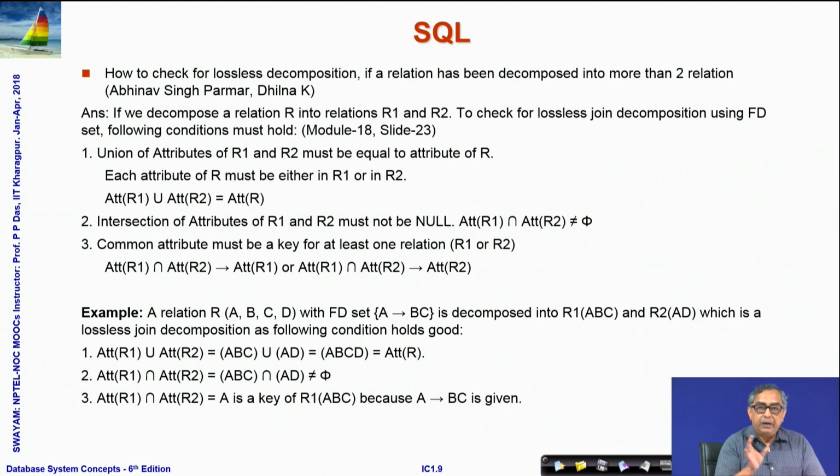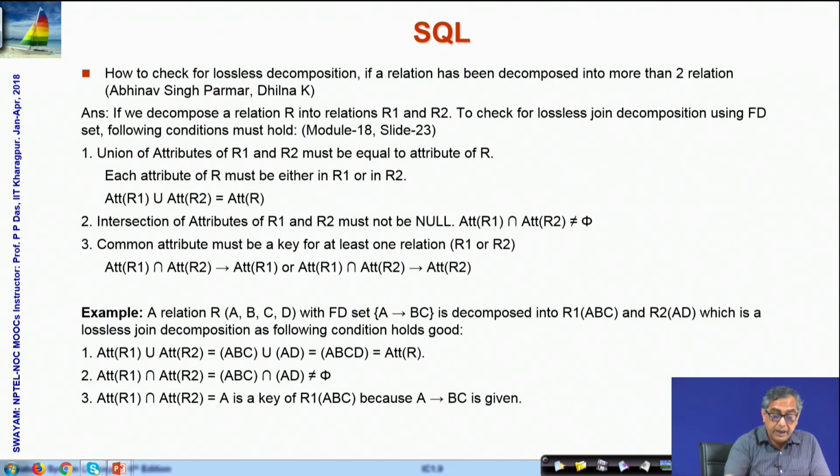So, if it has been divided into multiple relations, we can always look at a pair of relations and check whether that decomposition is lossless or not. For checking whether it is a lossless join decomposition, these conditions are detailed in the slide.